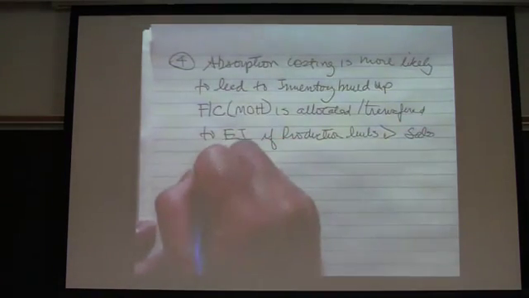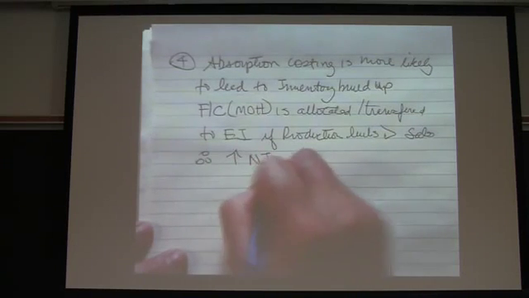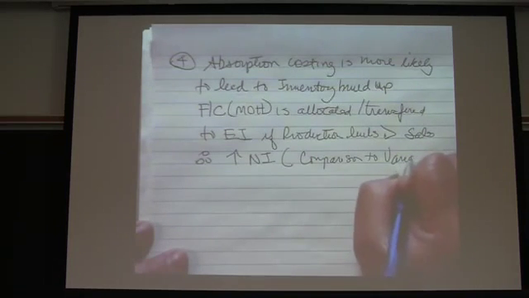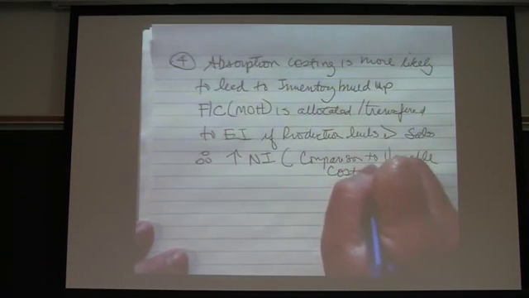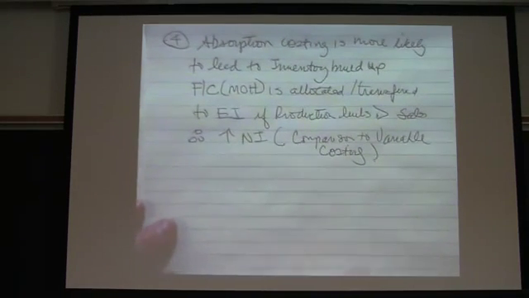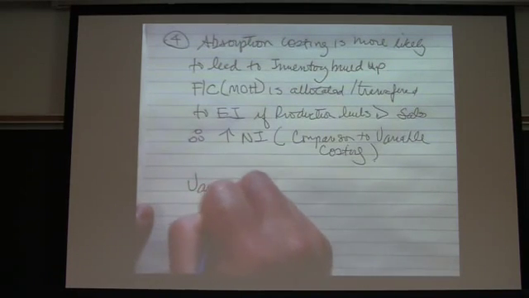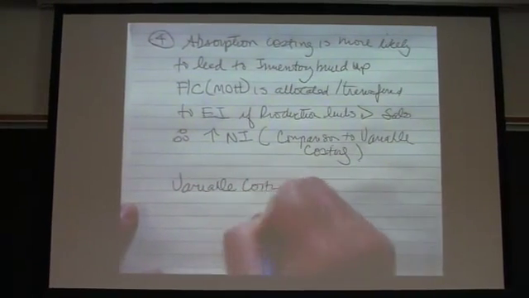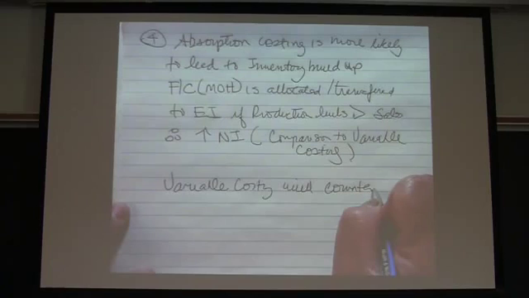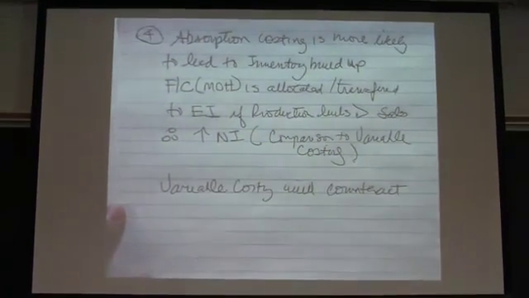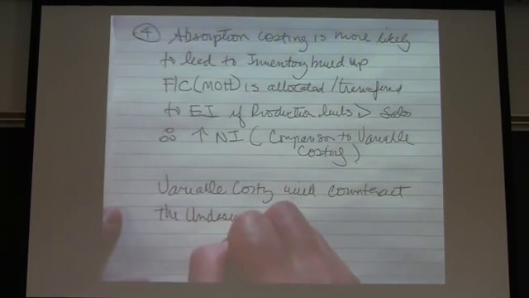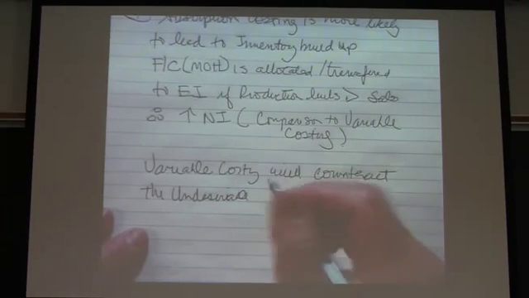Therefore, increasing net income, and again in comparison to variable costing, where all of those costs are expensed. Now, variable costing will counter-react the undesirable inventory buildup.